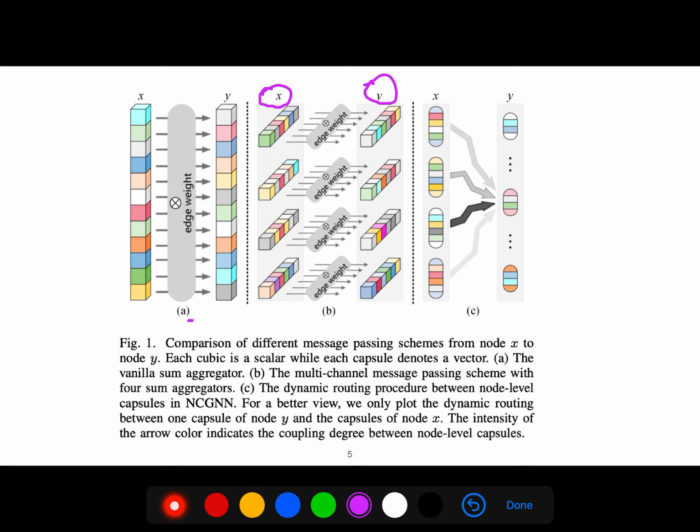In A, you see the vanilla sum aggregator that we always use, but in B, you see the multi-channel message passing scheme with 4 sum aggregators. And in C, you see the dynamic routing procedure between node-level capsules.